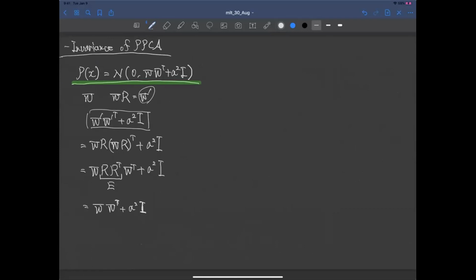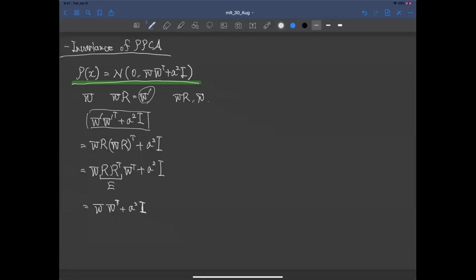So that's why the distribution of X has the same distribution, whether I use W R or W. Even though W is different due to the transformation by the orthogonal matrix, the distribution of X will be exactly the same.